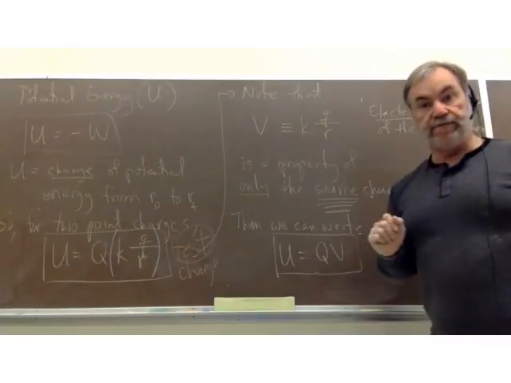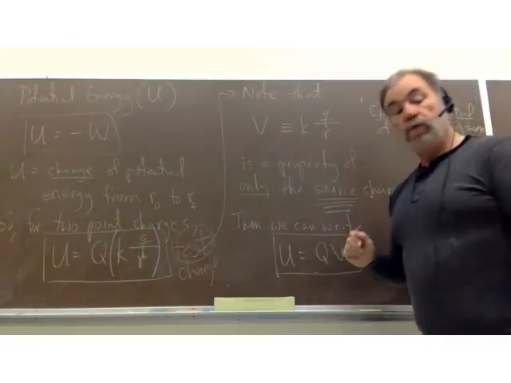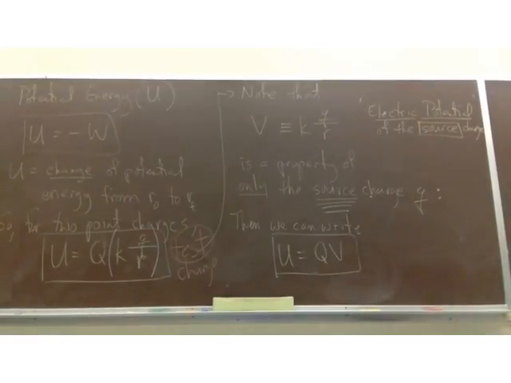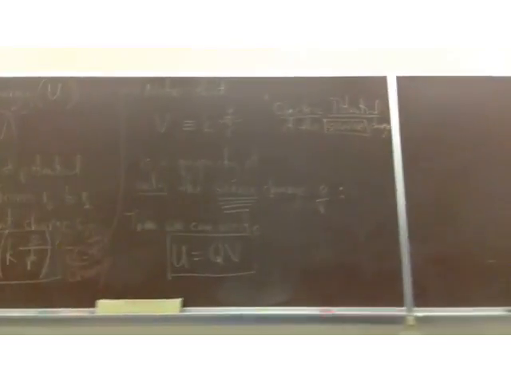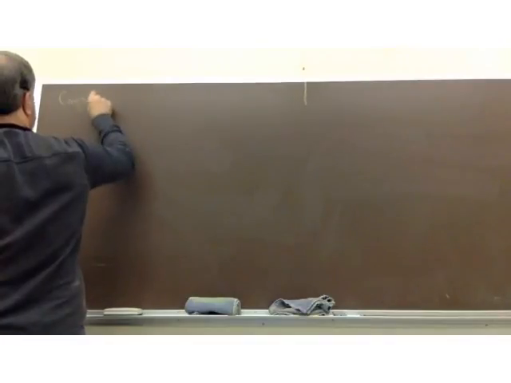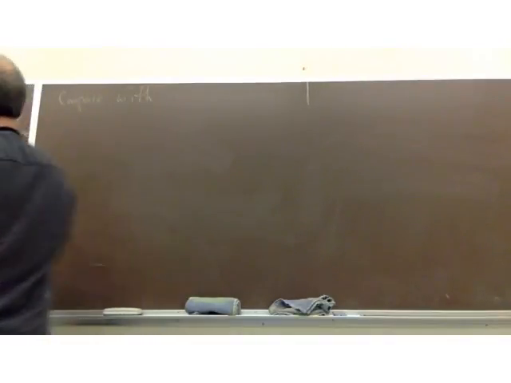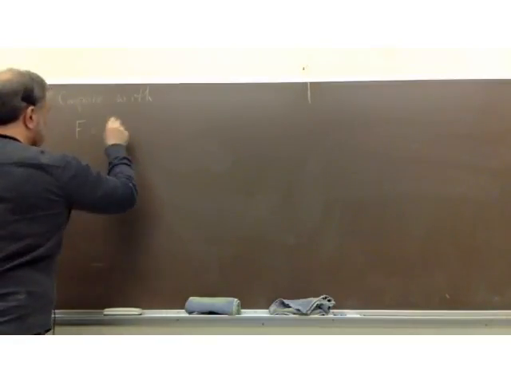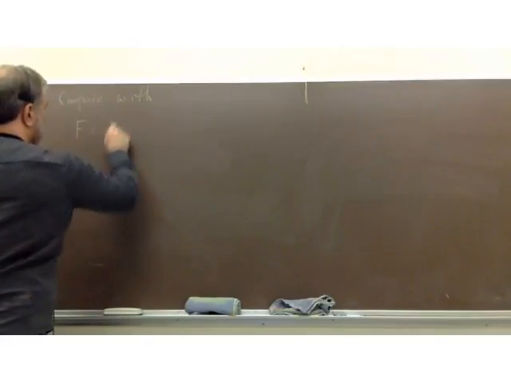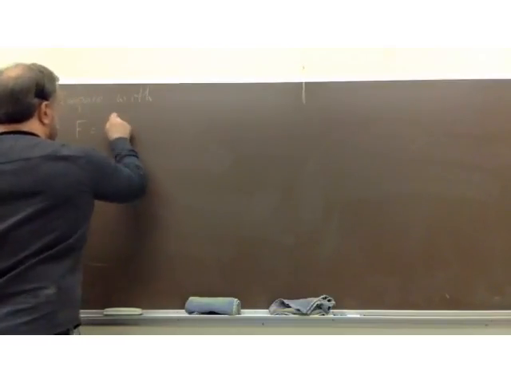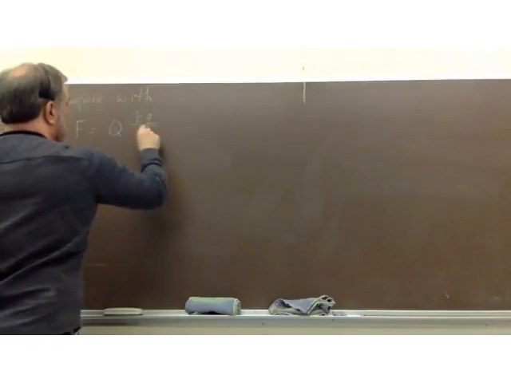And again, this should sound familiar. It was exactly the same kind of language I used when I said, having introduced the concept of the electric field, that F for two point charges is Q times KQ over R squared.